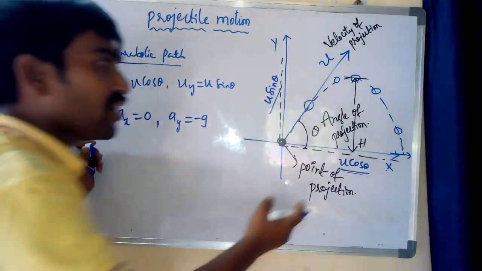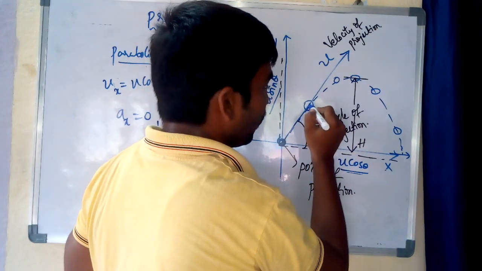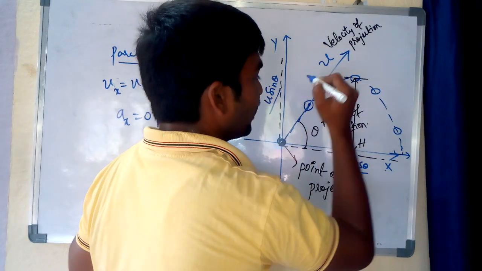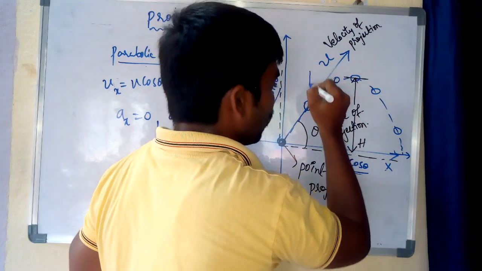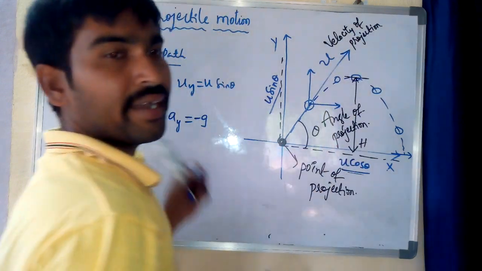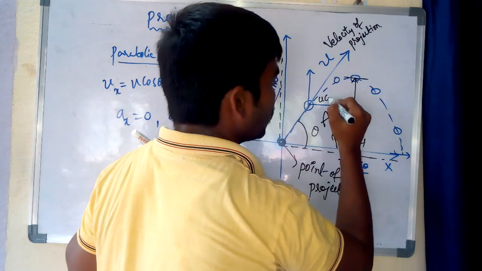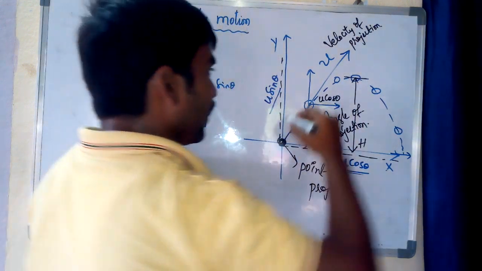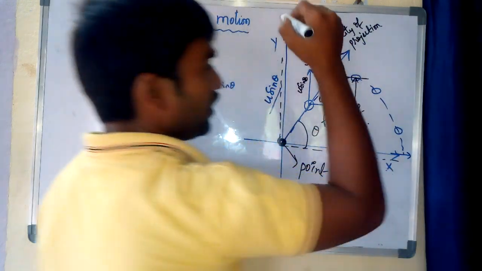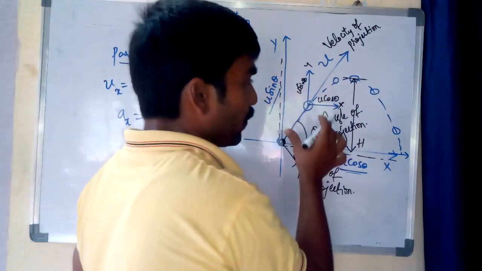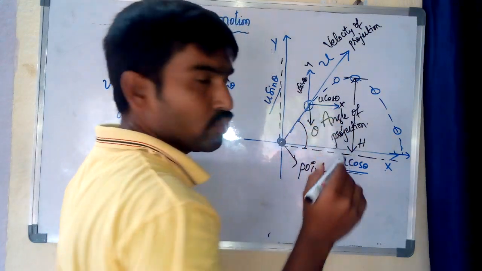The normal force is acting on a body like this. When the angle of projection is like this, this is the point we are taking here. We are taking two vector quantities along the x direction and y direction here. So what is the velocity here? Based on the x direction, u cos theta, and along the y direction, u sin theta. This is the y direction and this is the x direction. Along this path, the acceleration is downwards, the acceleration due to gravity.